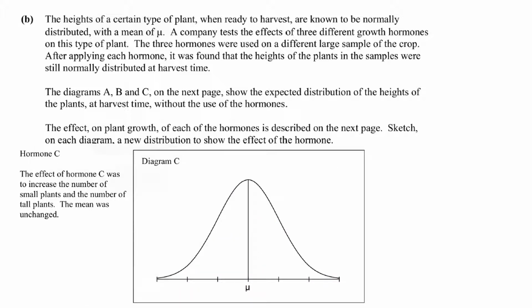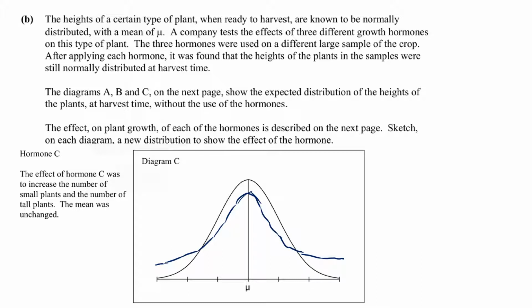And hormone C, the effect of hormone C was to increase the number of small plants and the number of tall plants, and the mean was unchanged. So this time we end up with a slightly fatter but lower shaped curve. So something like this. Again, we're looking for it to be as symmetrical as possible.